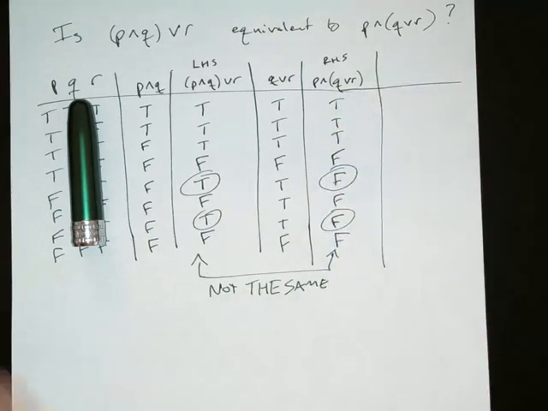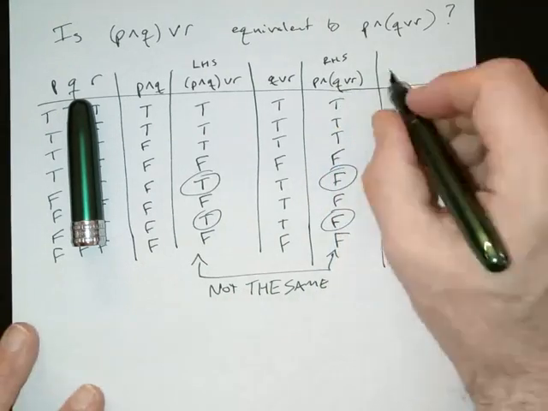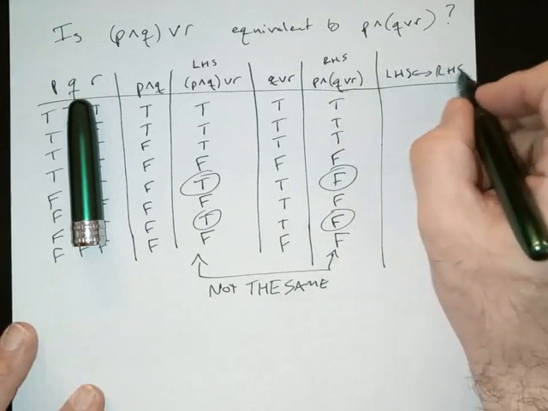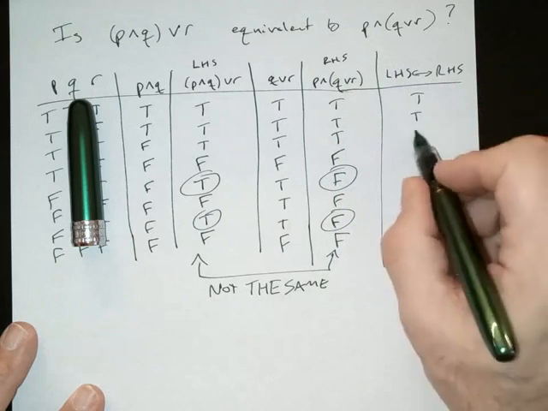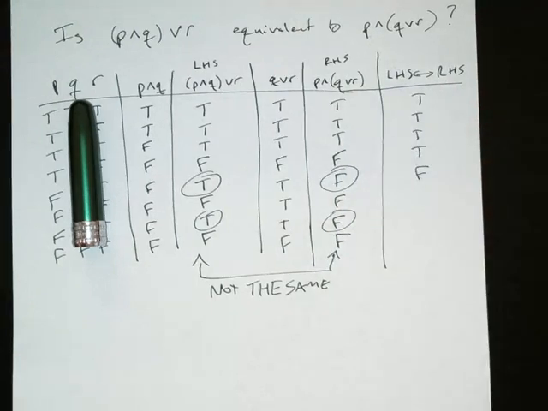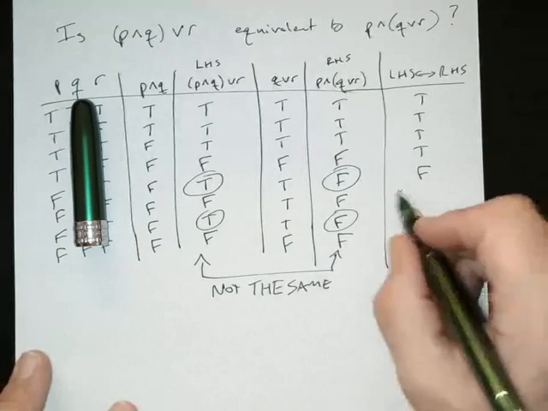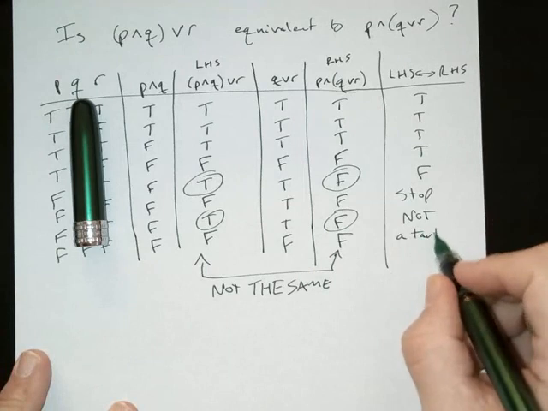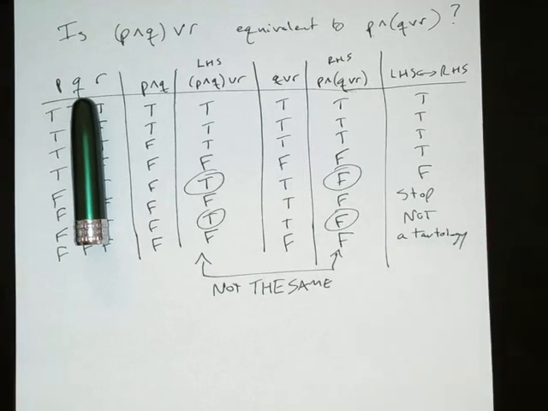If I were to do the if and only if part at the end here, left-hand side, if and only if, right-hand side, true, true, true, true, bang, there's my problem. That last column needs to be all true to be a tautology. This is not a tautology. And that means what?